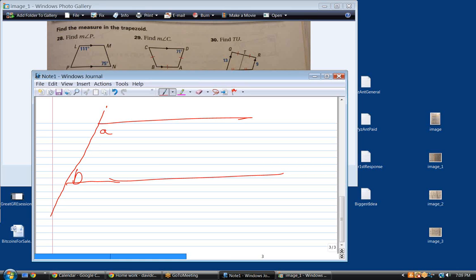So what is angle P equal to? 111. Hold on, let me do the simple math here. 180 minus 111. 69.